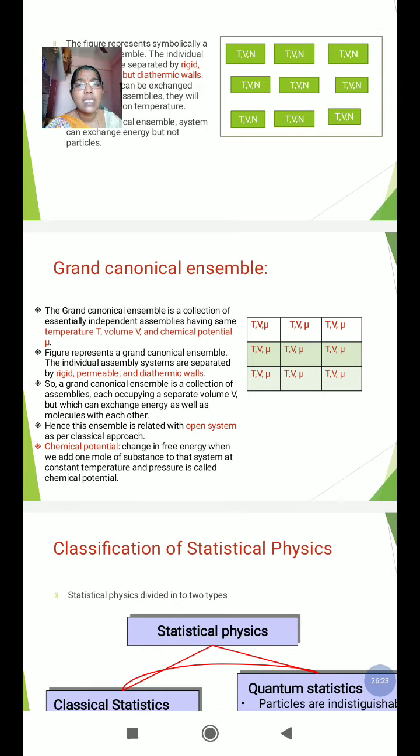Permeable means there is a chance of exchange of particles, and diathermic walls mean there is a chance of exchange of energy. In the grand canonical ensemble, energy and number of particles can both be exchanged, so this is treated as an open system.